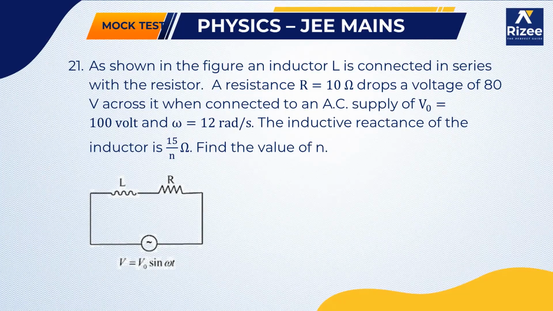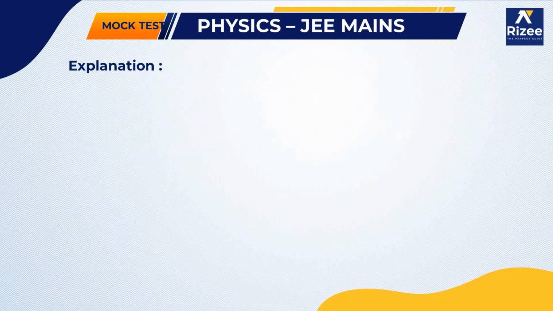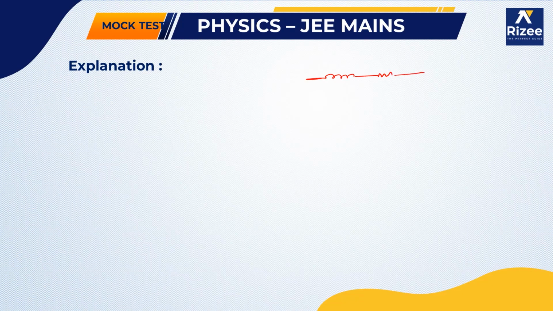So let us take this particular thing. Let me draw the circuit again for you. So the circuit is going to be this one. An inductor is provided and a resistance is given. This is connected to an AC source here. Fine. So this is the circuit.